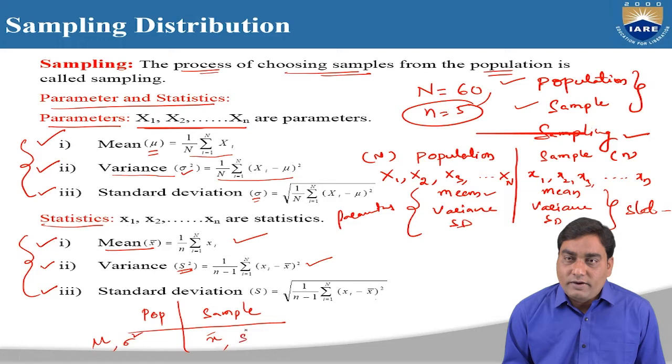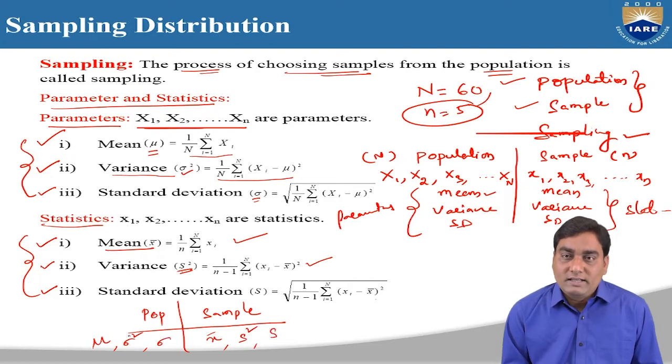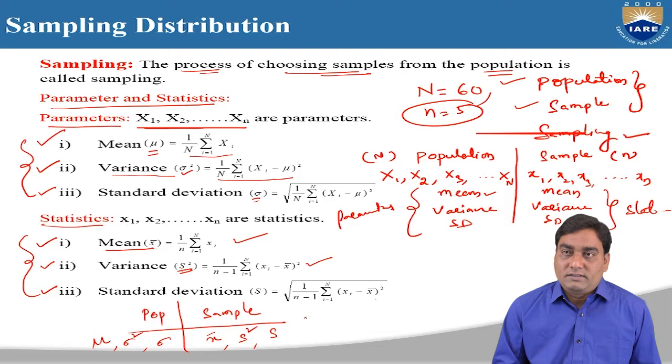Standard deviation is sigma for the population and s for the sample. Total is 6 values: mean, variance, standard deviation of the population, and mean, variance, standard deviation of the sample. These three are called parameters and these three are called statistics.